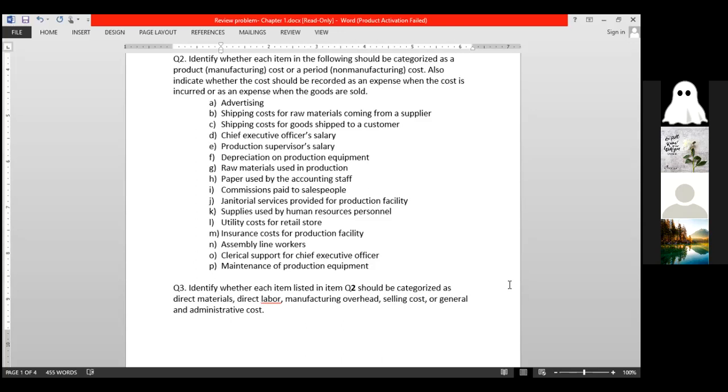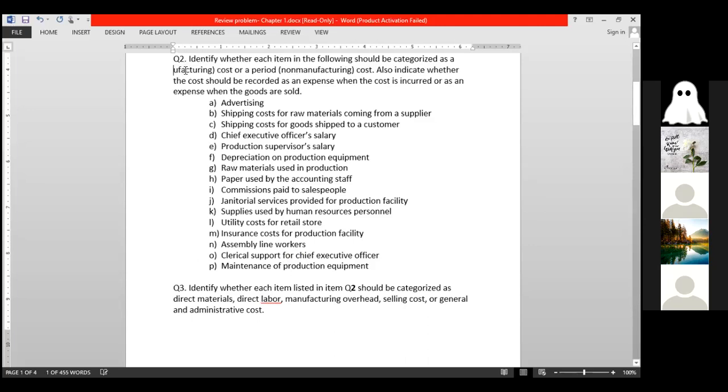So here they again have items that have to be classified into product cost or period cost, or in simple words, manufacturing cost, let's call them direct or indirect.